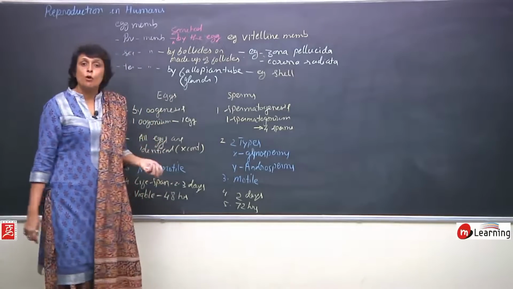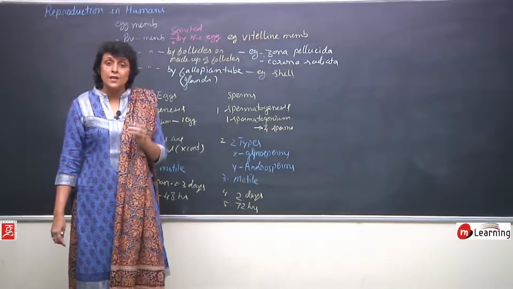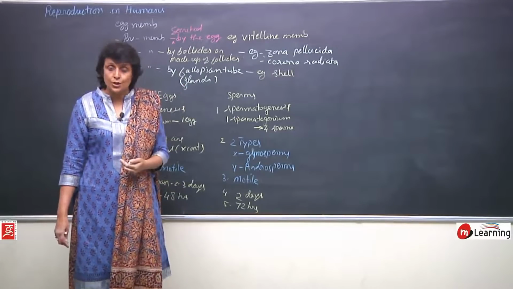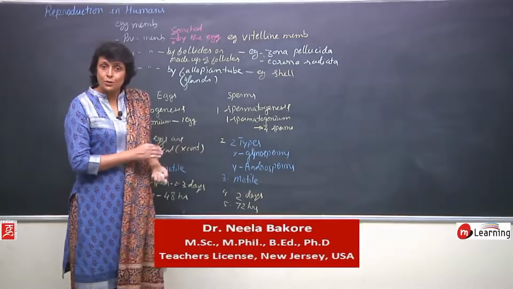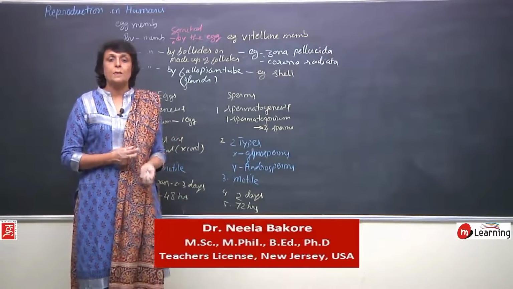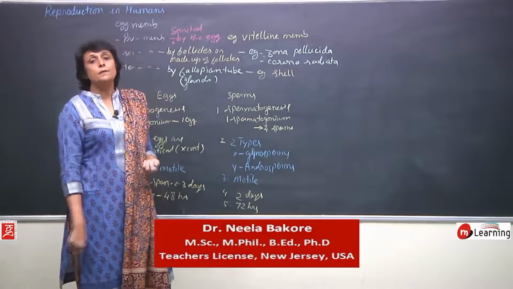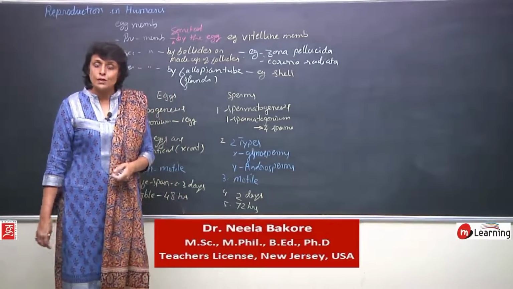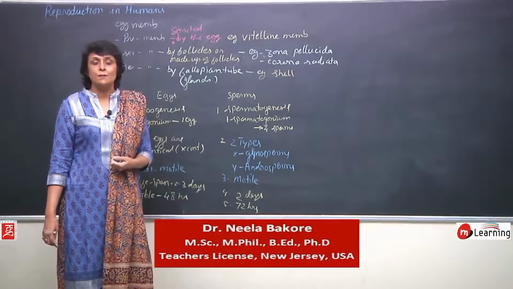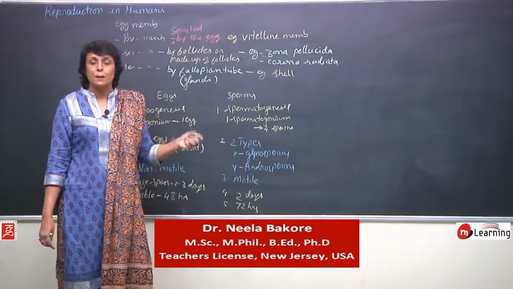So these are some important things, and this is the first step of the sexual reproduction, that is gametogenesis. So we have just seen gametogenesis, and the next stage is once the gametes are formed, they will be fertilized. But before that, we will talk about menstrual cycle, which is seen in primate females, and estrous cycle, which is seen in non-primate mammals.